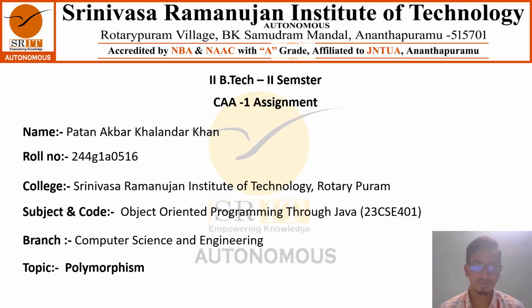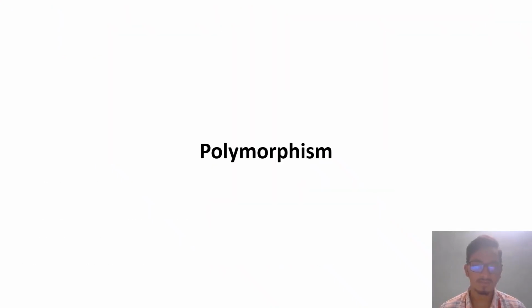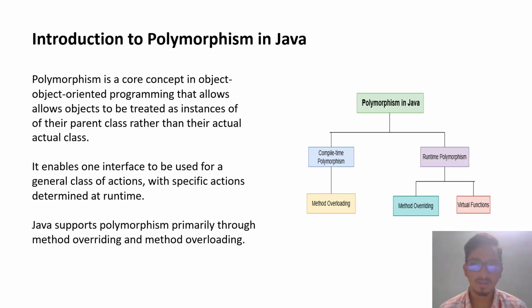Today, my topic is about polymorphism. Introduction to polymorphism in Java. Polymorphism is a core concept in object-oriented programming that allows objects to be treated as instances of their parent class rather than their actual class.